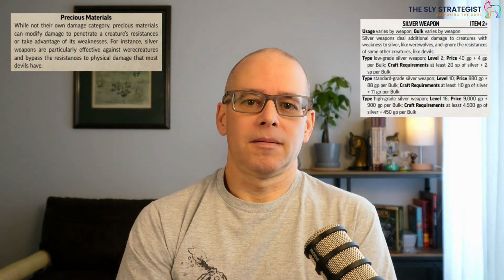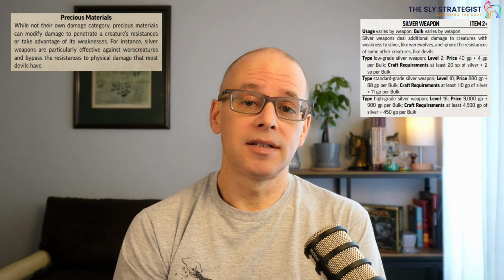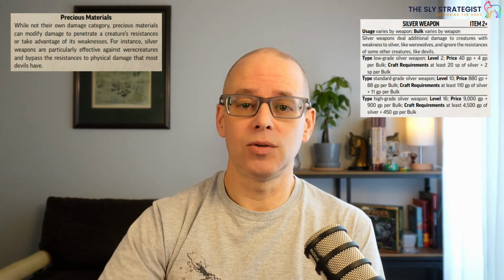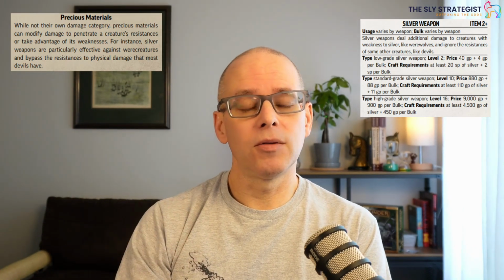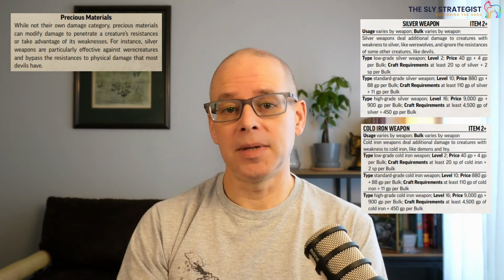And they're used to overcome certain creatures' resistances or immunities. For example, the obvious one that you get from pop culture itself would be silver weapons against werewolves. Silver weapons can damage werewolves and they have a weakness to them. Another good one is cold iron weapons for fae or demons.